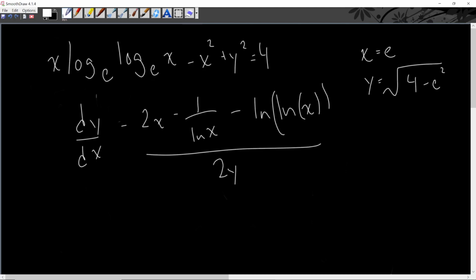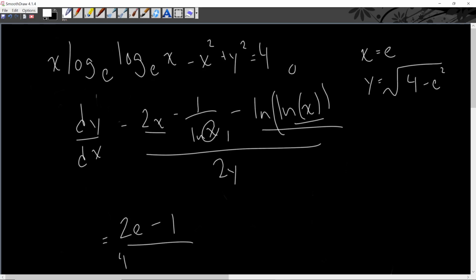For this one, ln of e is going to be 1, and then ln of 1 is going to be 0. So all of that goes to 0. When you plug in e for this, you get ln of e is 1, so 1 over 1. And then 2 times e is still going to be 2e. So we have dy dx is equal to 2e minus 1 at the top. Well, minus 1 minus 0, but that's just minus 1.